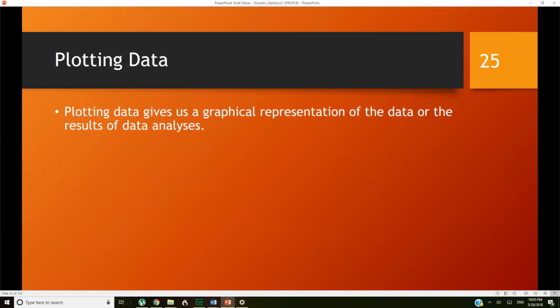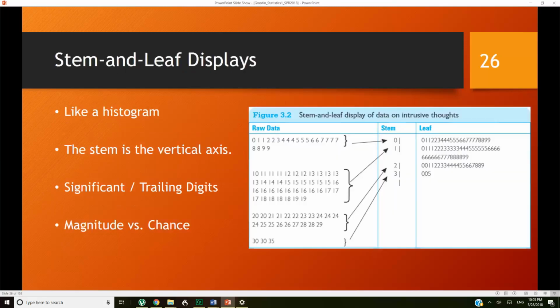We'll see several ways to plot our data depending on the type of data and how to show the most meaningful representation of it. A stem and leaf display is the most basic form of a histogram, though not truly a histogram. The stem is the vertical axis and is formed by the leading digits, also called the most significant digits.